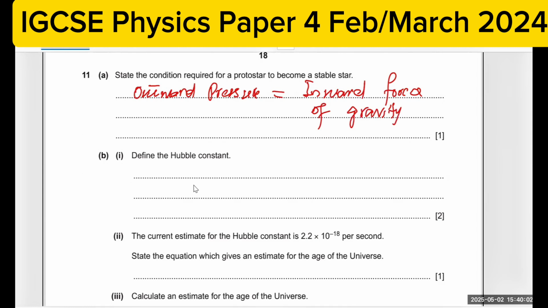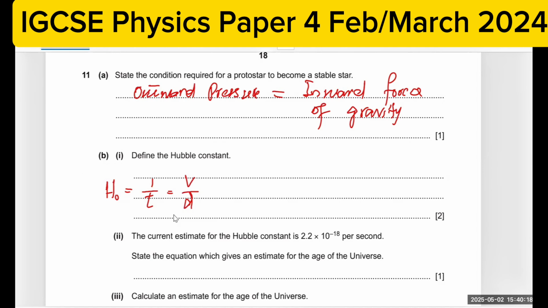Define the Hubble constant. The Hubble constant is represented by H naught, which is equal to 1 over t, or equal to speed over distance.